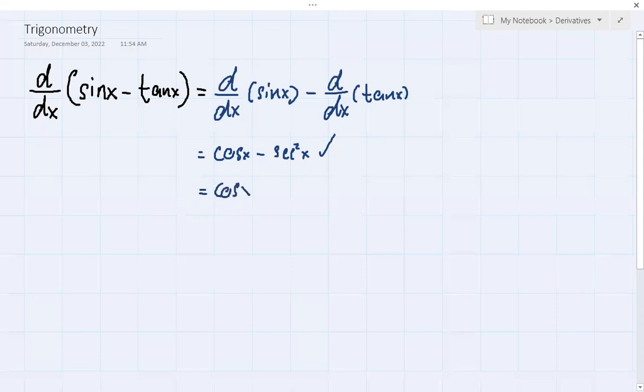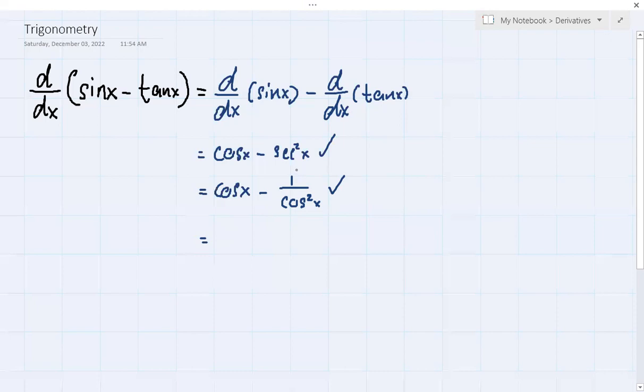And since naka-square kasi si secant, that means it is just the same as 1 all over cosine squared of x. So, pwede na rin to as your final answer. Or, we can still simplify this one.